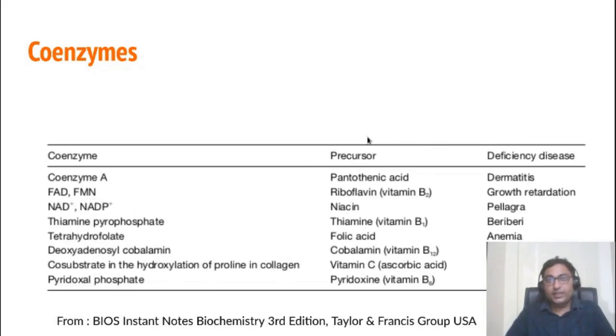And that's why the deficiency of vitamins leads to deficiency diseases. So what is the vital role of vitamins? They are part of the enzymatic machinery, and these enzymes are quite necessary for the proper functioning of the organism's system. These are a few examples of coenzymes as well.